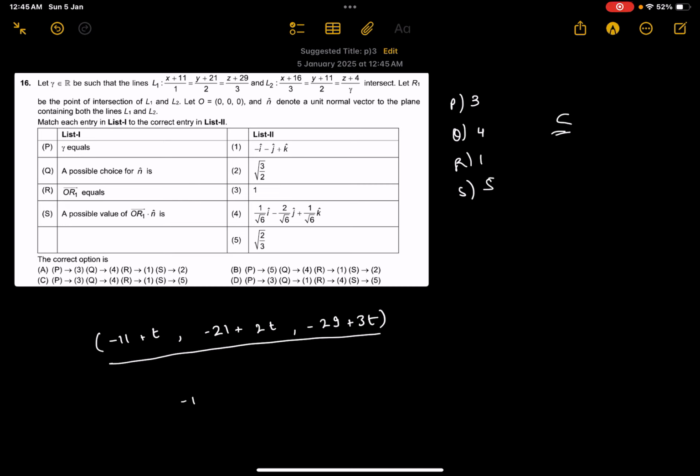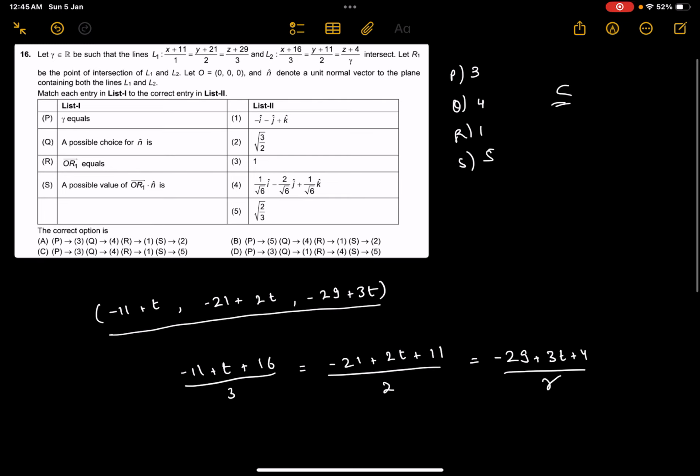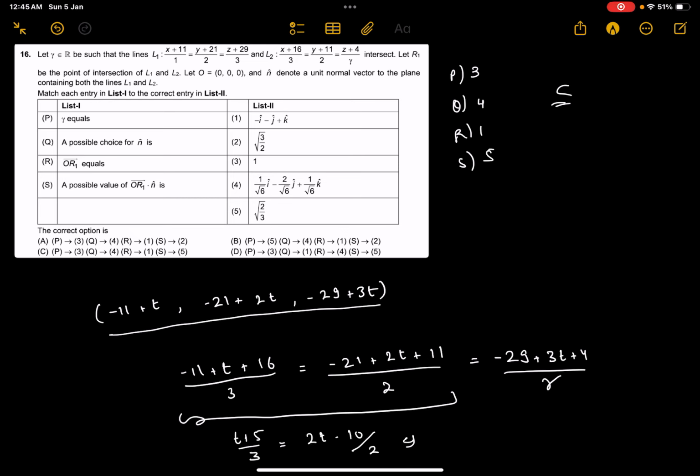We get -11 plus t plus 16 upon 3 is equal to -21 plus 2t upon 2, equal to the third expression. We'll try to find the value of t using these two equations. We get t plus 5 by 3 is equal to 2t minus 10 by 2, which gives us 2t plus 10 equals 60 minus 30.